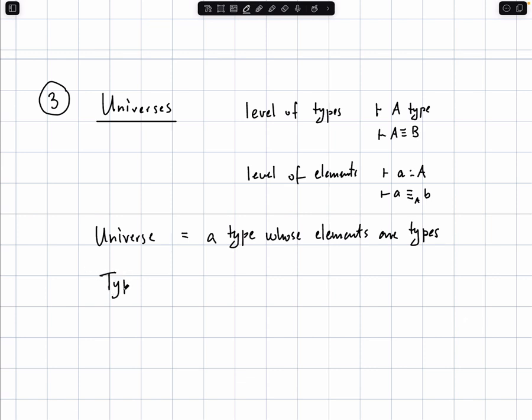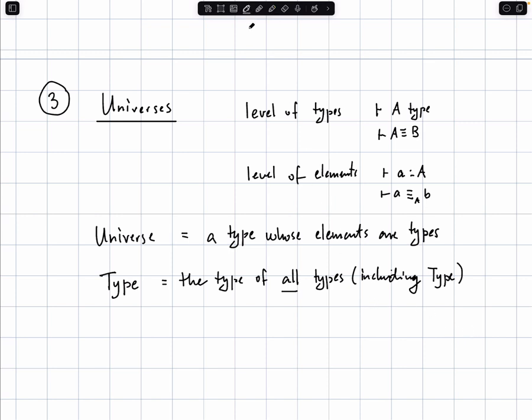If we try to say that you have a type which is the type of all types, including type itself, then you get Martin-Löf's first version of type theory.